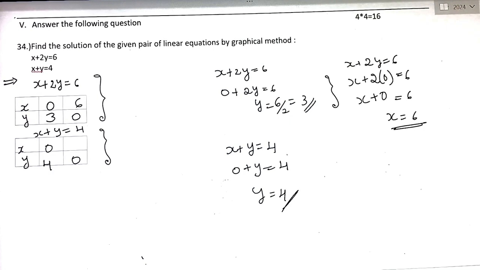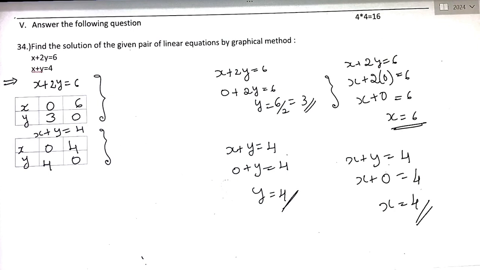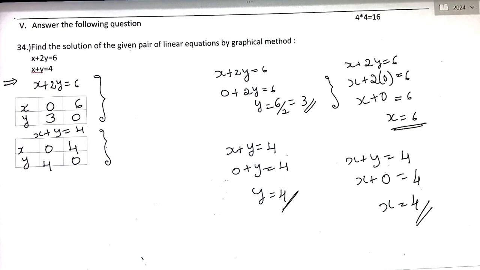Now when y is 0, what is the x value? x plus y is equal to 4, and x plus 0 is equal to 4. x plus 0 is x, so x is equal to 4. Okay, right. So it is simple now. We got 4 points.